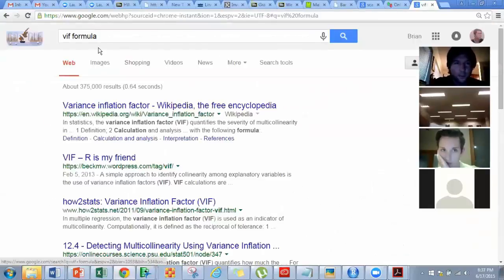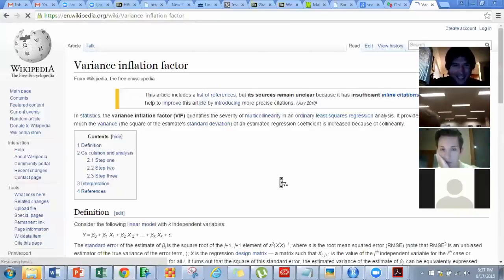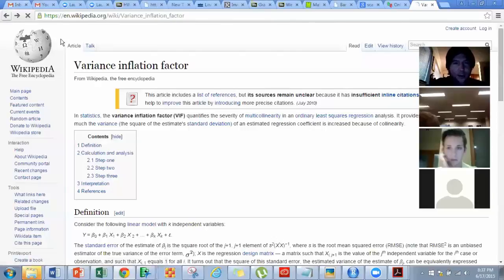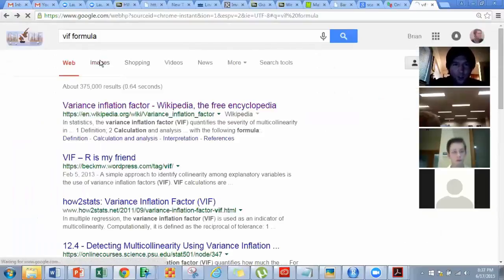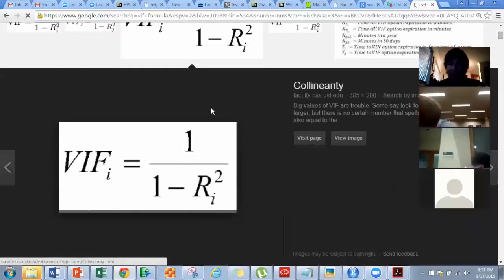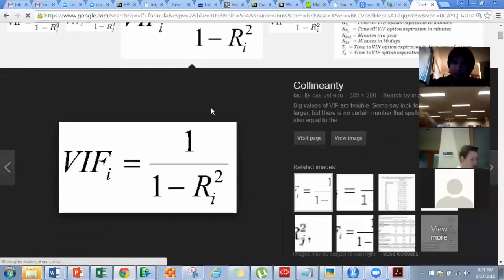It's going to show 1 over 1 minus r squared. Okay, here we go. There's our formula of the ith term. So it's VIF for the ith variable because you have tons of variables in your model.